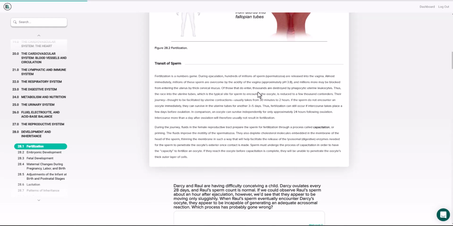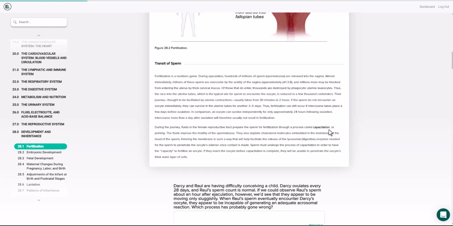As we talked about, by the time sperm are ejaculated, they are independent swimmers. However, they're not great swimmers. In fact, they don't really become great swimmers until they mix with the fluids from the female.